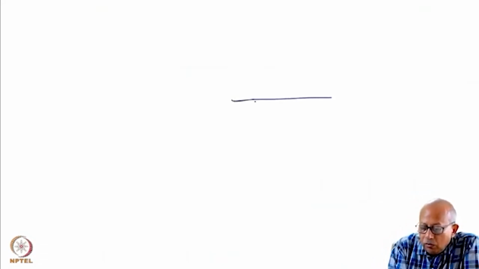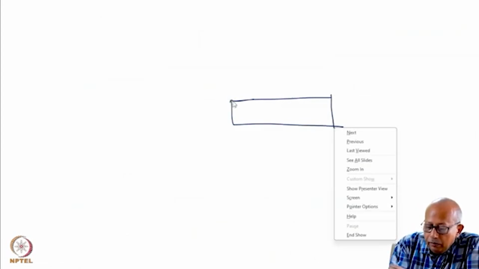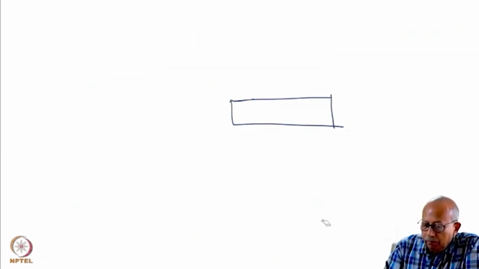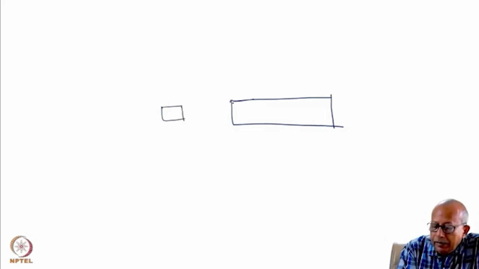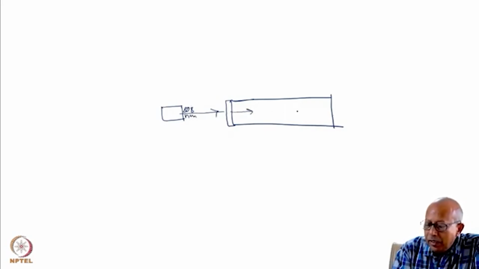So this is your laser rod, this is the diode laser, and this is the coupling mirror. 808 nanometer is coupled into it, and you create gain.